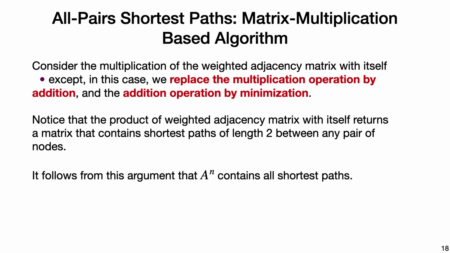This is just one single matrix multiplication, but you can compose them. If you did it again, you would get the length 3 paths, and so on, up until A to the n. Does this make sense?